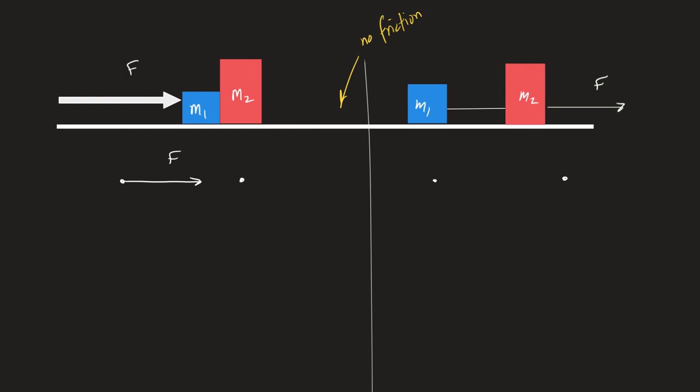Right, that blue box? In fact, maybe it'd be better if I just went ahead and made that blue so that we can clearly see which is which. Now, it's in contact with the M2 box, so there must be a normal force this way.